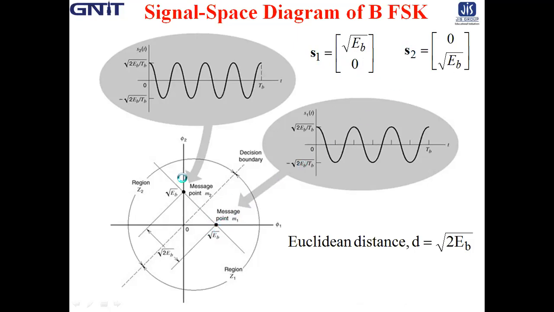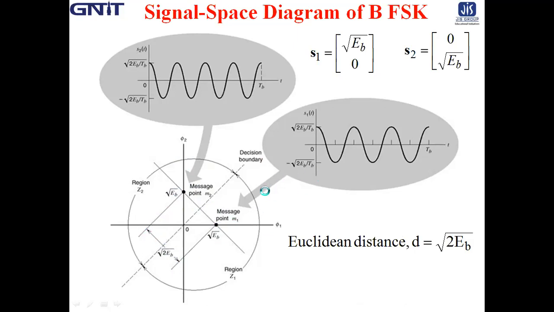And message point M2 is located at 0, comma square root of EB. So these are the two message points in phi1 and phi2, and the Euclidean distance between them is square root of 2EB.